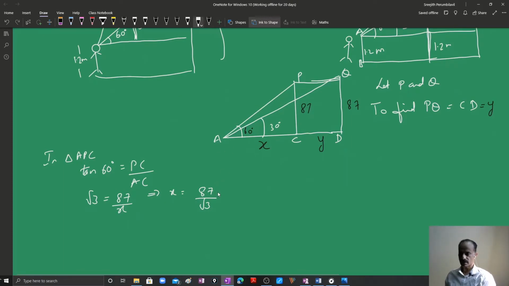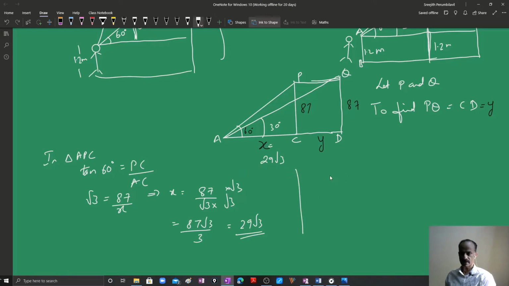If you want, you can multiply this by root 3 and root 3, so it becomes 87 root 3 by 3. 3 will go 29 times. So 29 root 3 meters is the distance X.